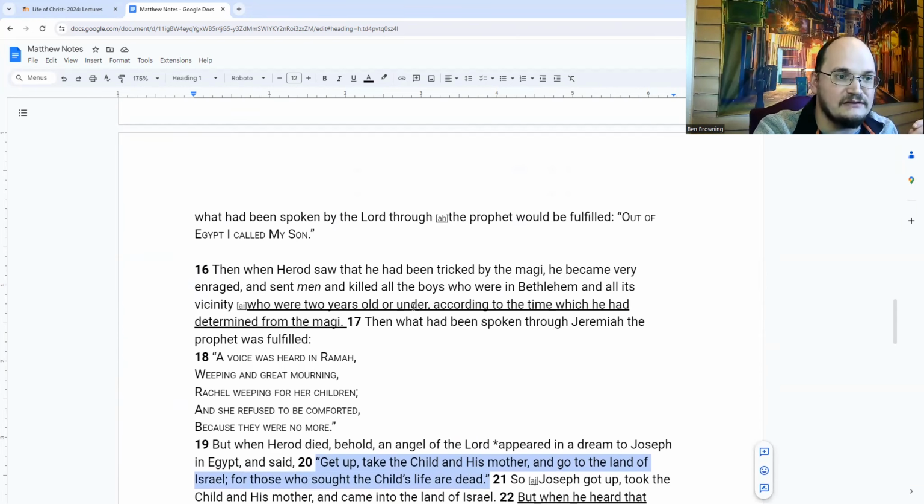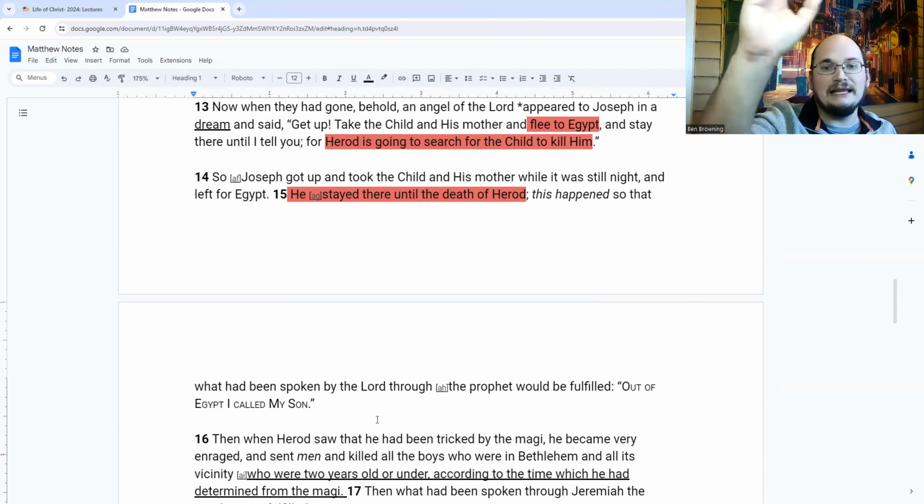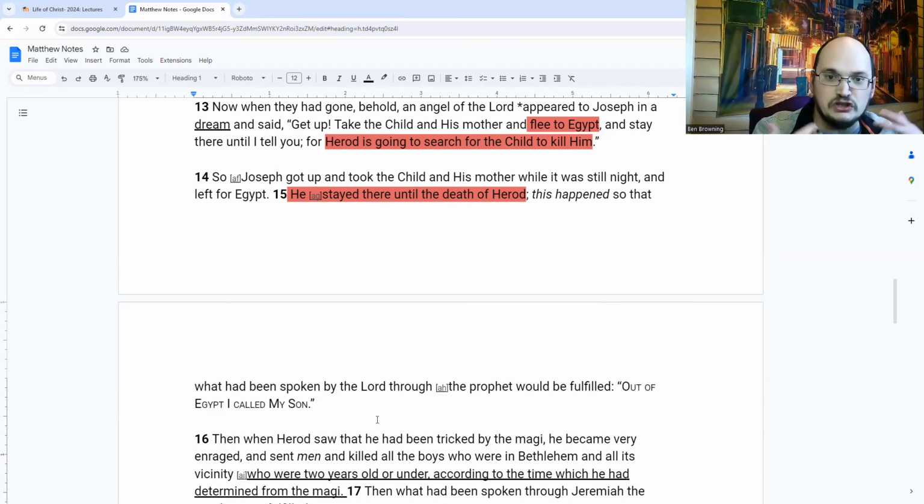Now you have this phrase, out of Egypt, I call my son. When you see that in the Old Testament, it's the people of Israel being led out of Egypt. Well, now we see Jesus as the representative of Israel being led out of Egypt to go back.